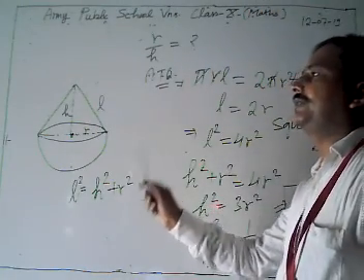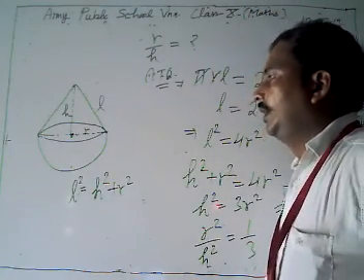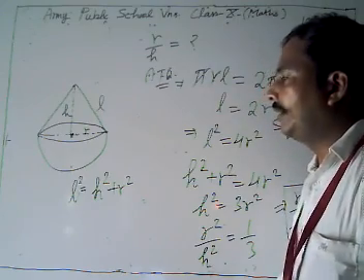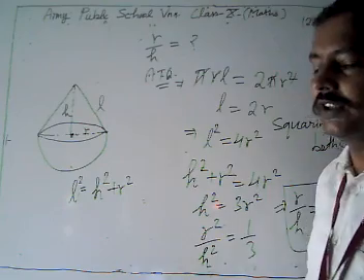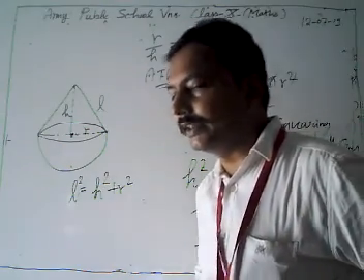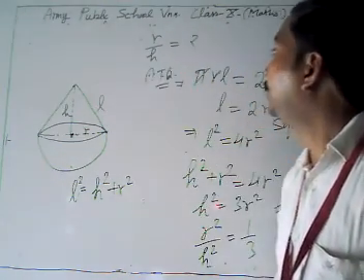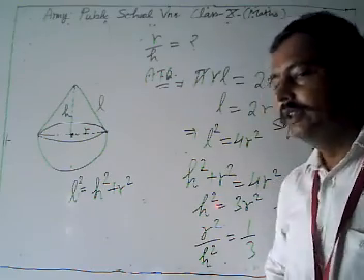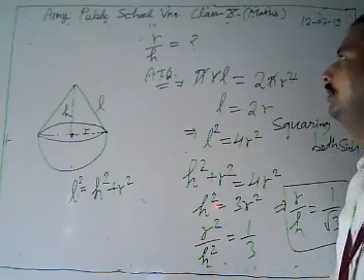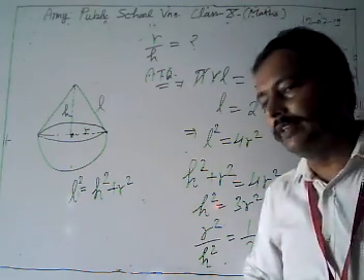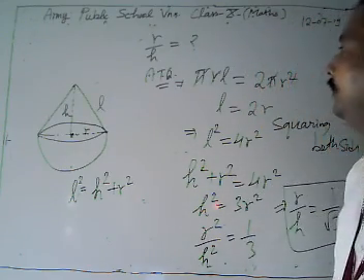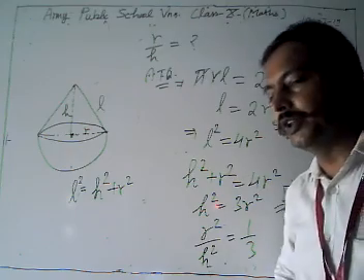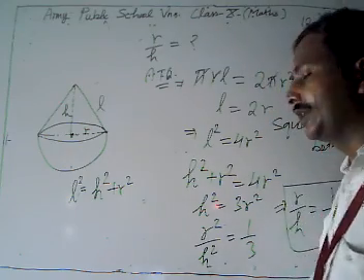I'm just going to revise again. We have been given a solid in the form of a hemisphere mounted by a cone. Also given is that the surface area of the above part and lower part are equal. Then we have to find the ratio of radius to height. We start with the given condition that the surface area of the cone, pi r L, is equal to the surface area of the hemisphere, which is 2 pi r square.